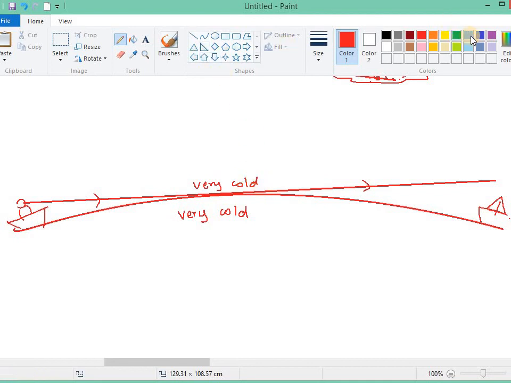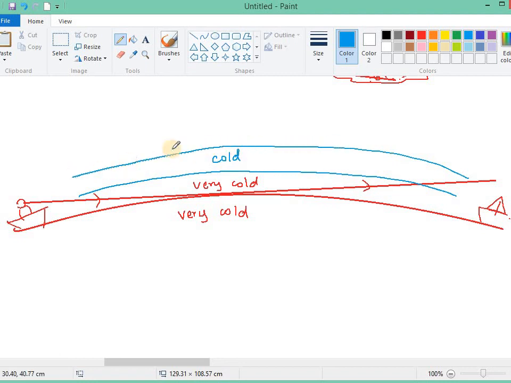The air that is near the water will be very cold, and then going up, cold, and then warm. Going further up, the temperature is higher. But the air nearer to the surface of the water is very cold.